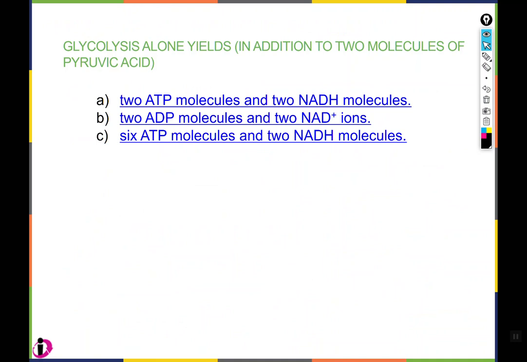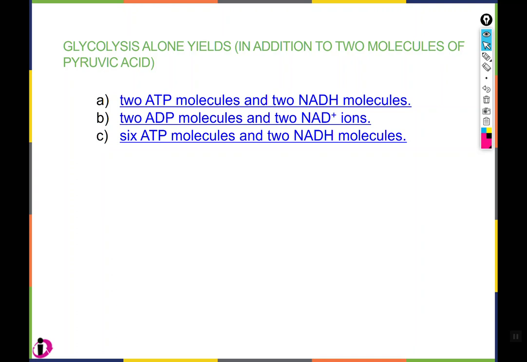All right, so quick thought question here. Glucose alone yields, in addition to 2 molecules of pyruvic acid, which of the following? Is it A, 2 ATP and 2 NADH, B, 2 ADP and 2 NAD+, or C, 6 ATP and 2 NADH?